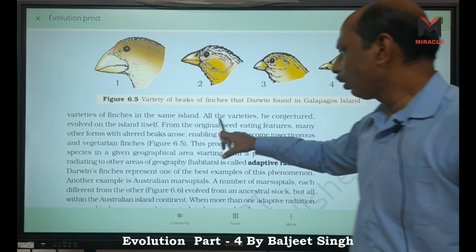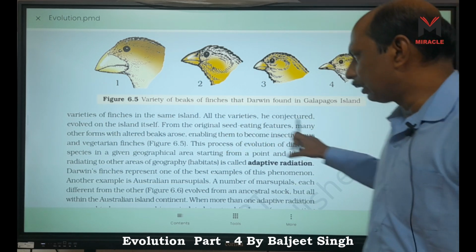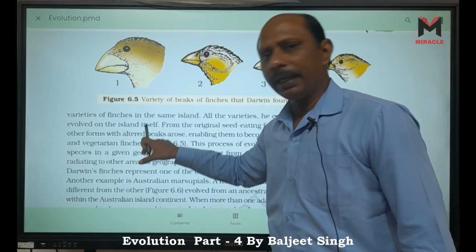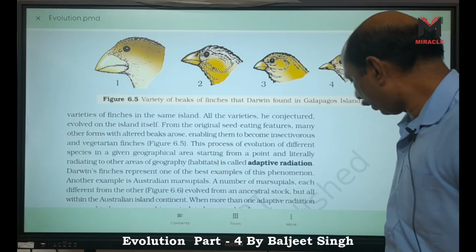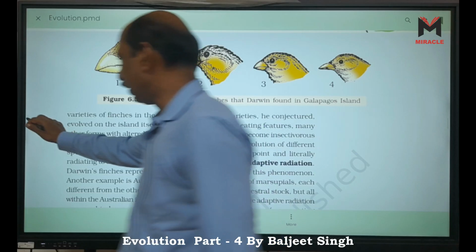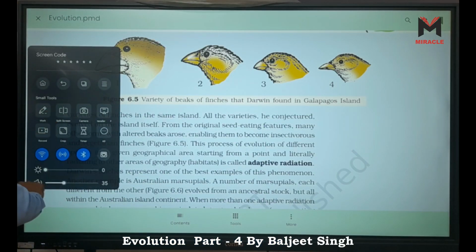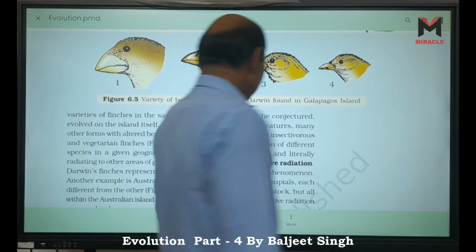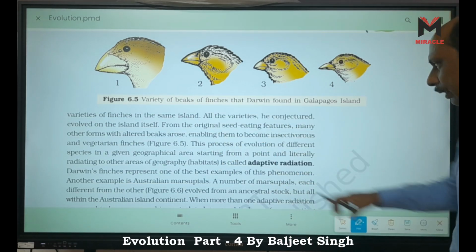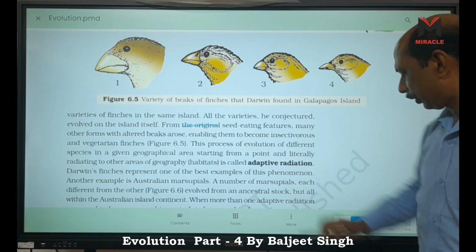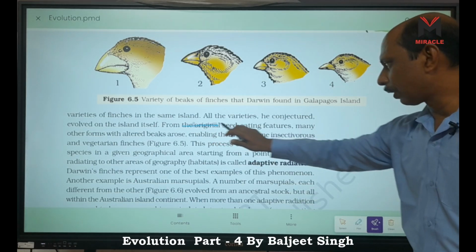Why is it so? He conjectured that all the varieties evolved on the island itself, from the original seed-eating finch. Original means the seed-eating habit, the original seed-eating feature.